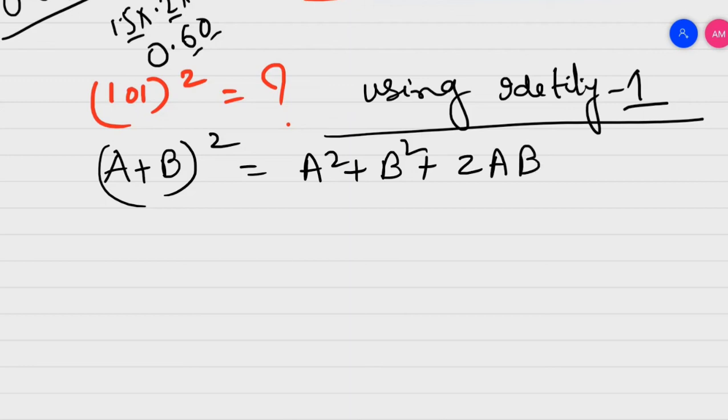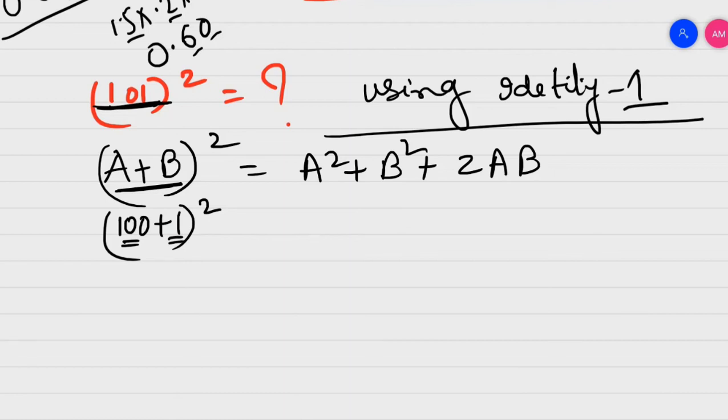Now see, you are having 101 whole square. You are having only one number here. That means you have to split this number into two numbers like a plus b. So it would be better if you write it as 100 plus 1. Why, children? Because when you do the squaring, it will be easy for you.